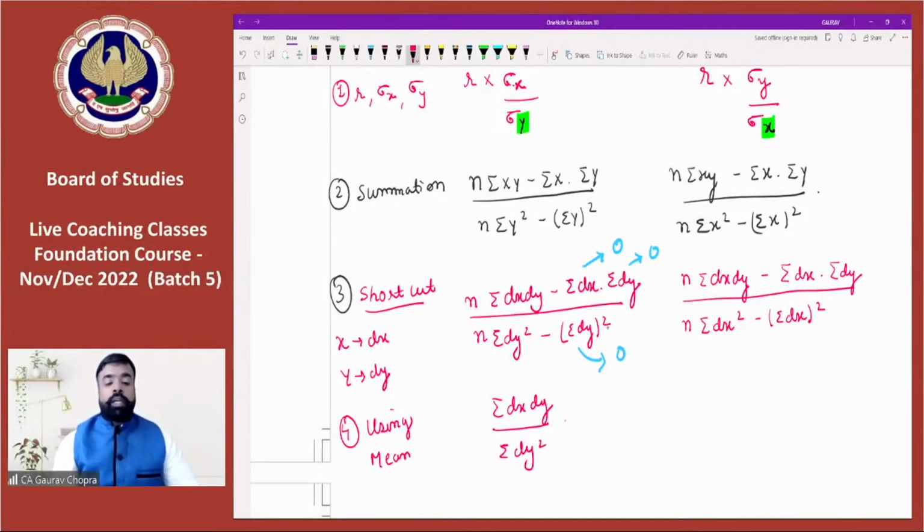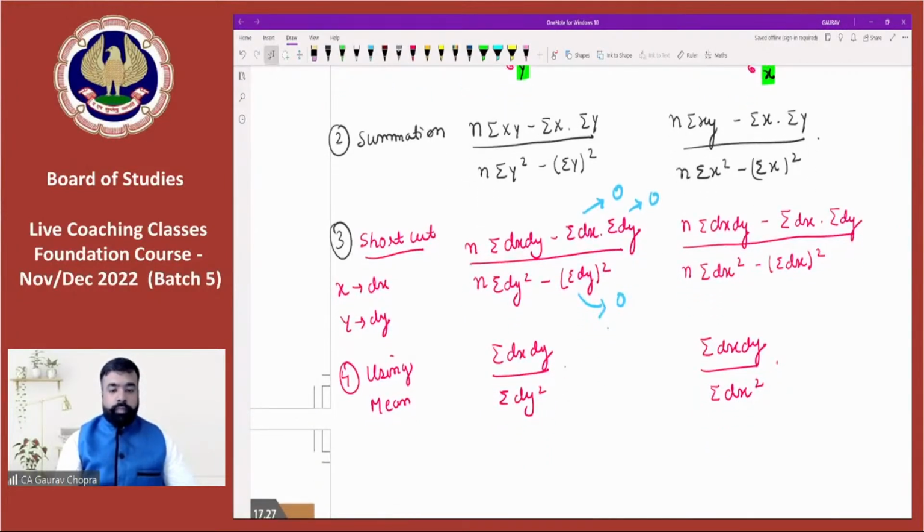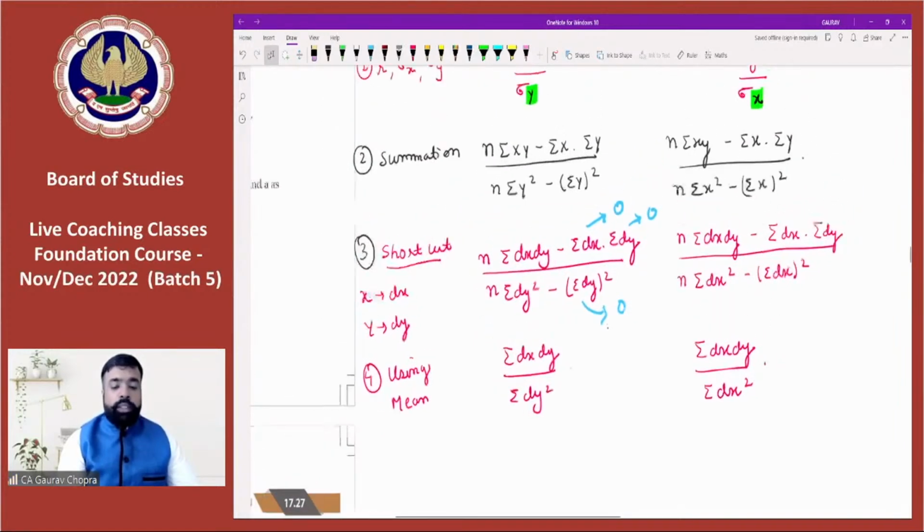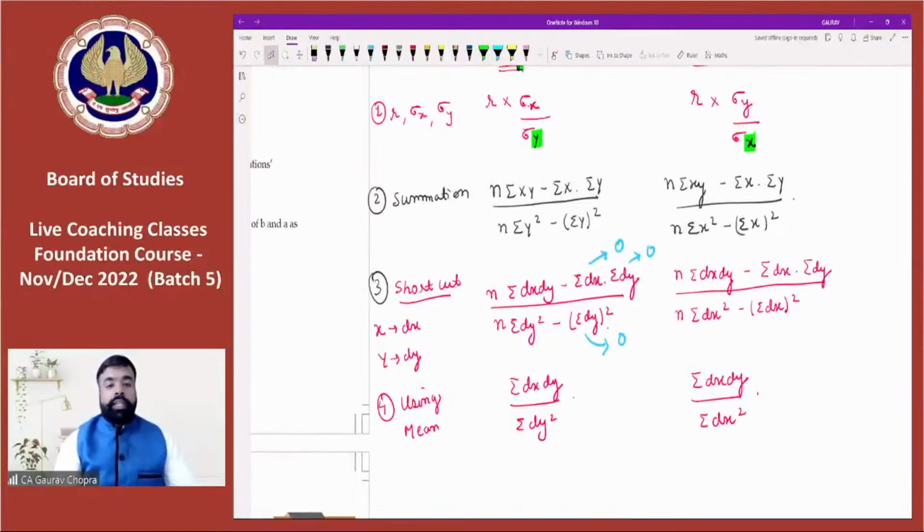Only this is left, so this becomes the final formula. Similarly, for byx, sigma dx dy upon sigma dx square. This becomes the final formula. All right. So these are the four formulas which are used for calculation of the regression coefficient.